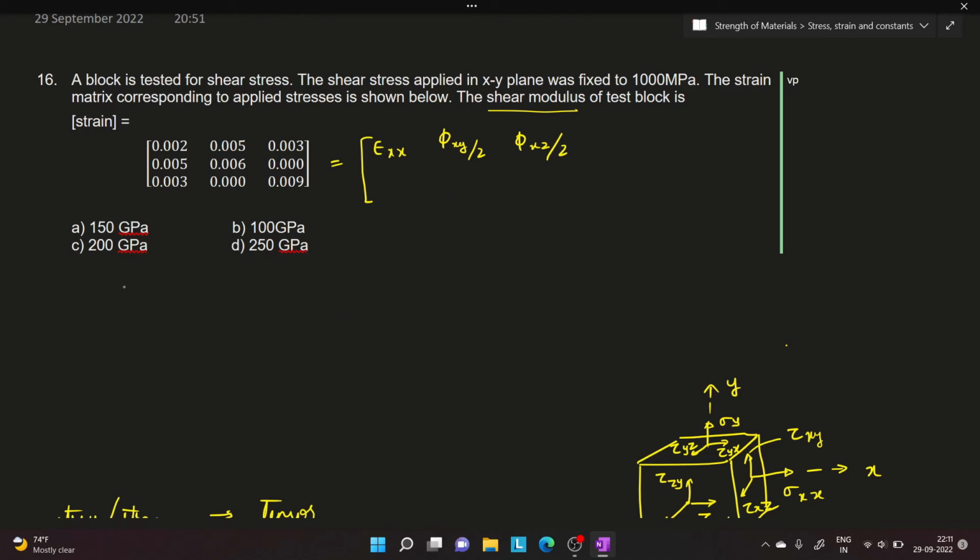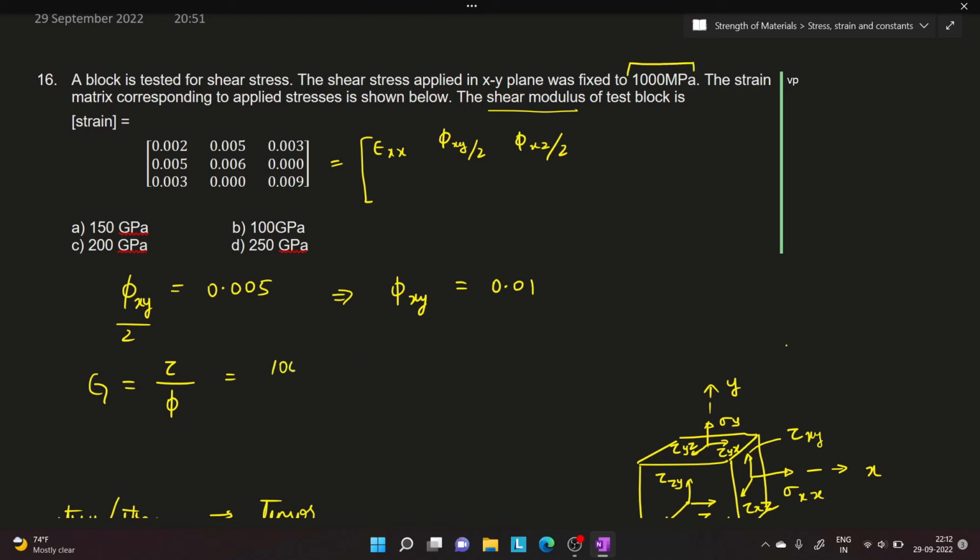So here phi xy by 2 is given as 0.005, which means that phi xy is equal to 0.01, right? So the shear modulus G is given by shear stress divided by shear strain, which is nothing but the shear stress that they have given as applied, 1000 megapascal.